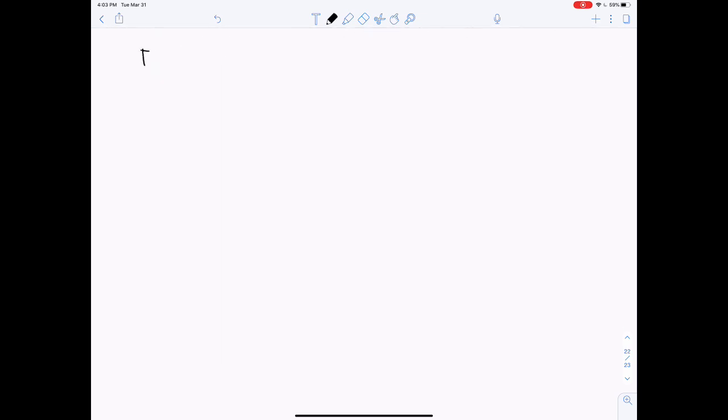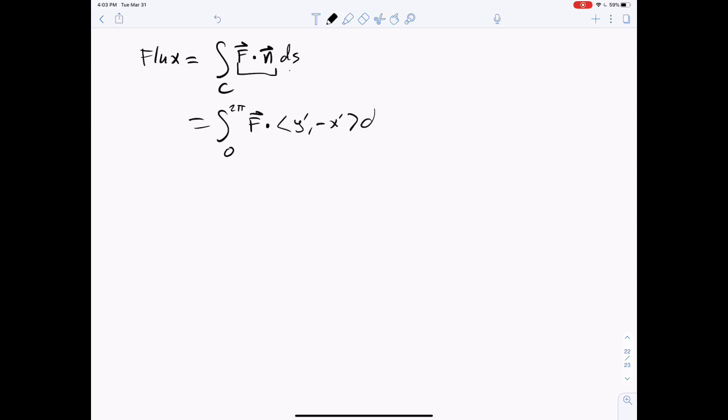So the flux is the integral on the curve of the flow of the water dotted with the normal vector, not dt, but ds. So there's my function, multiplying it times that, but that's going to turn into integrating t from 0 to 2 pi of the vector field dotted with y prime, negative x prime dt.